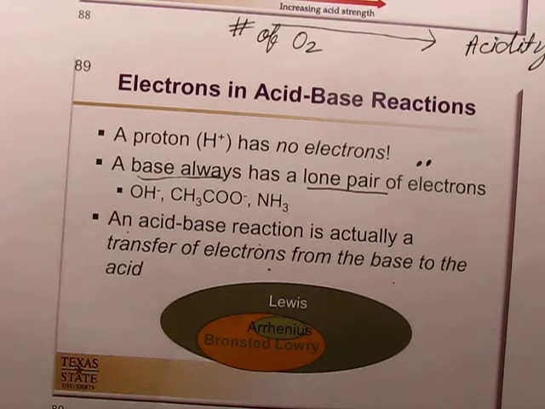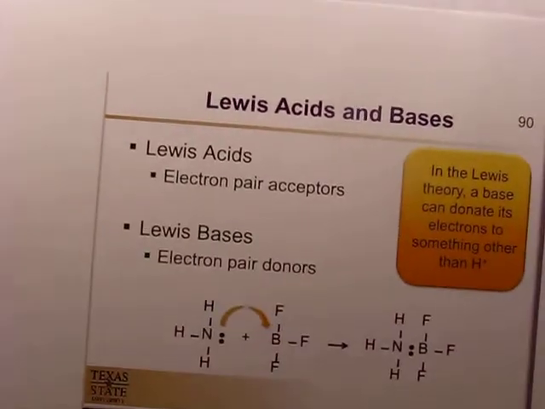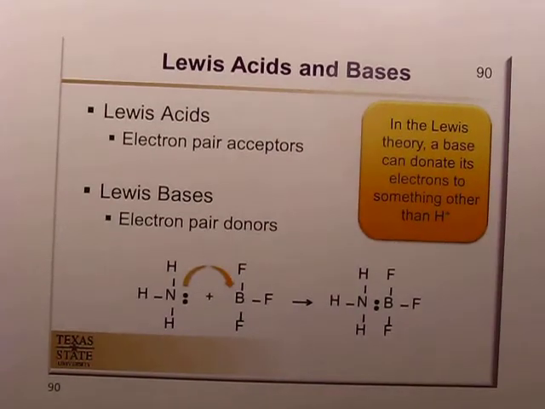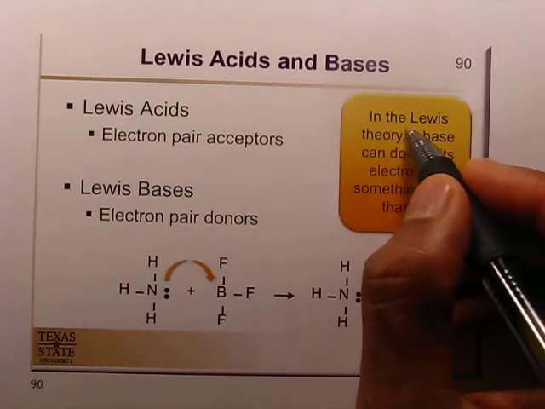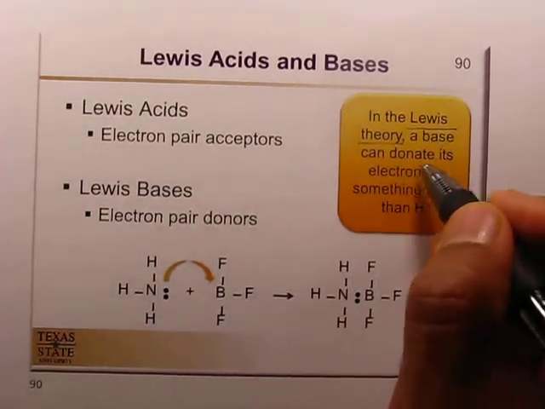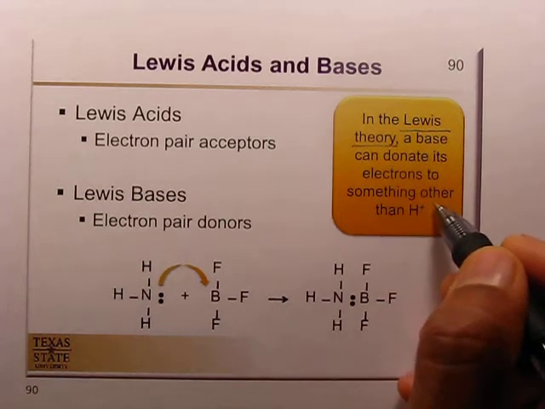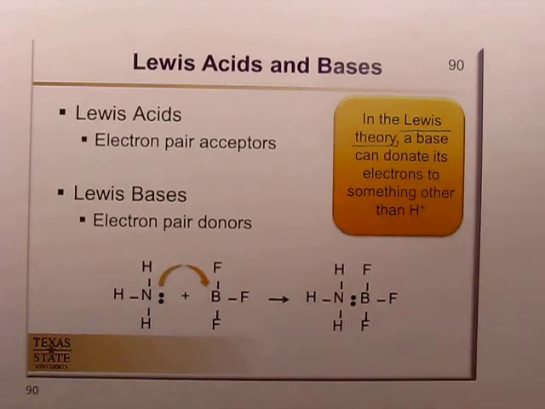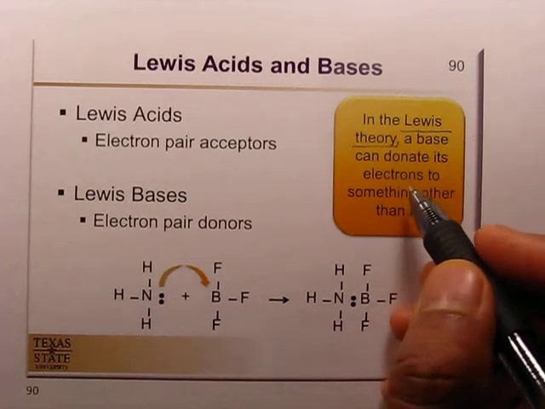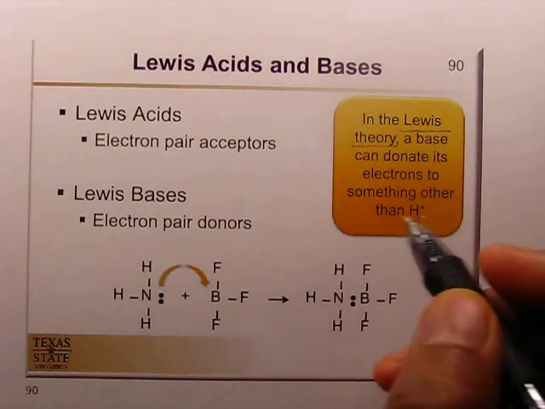Next is Lewis acid and Lewis base. Let's take one more important look here. In the Lewis theory, a base can donate its electrons to something other than hydrogen. So Lewis theory says that all base compounds can donate electrons to something other than hydrogen.